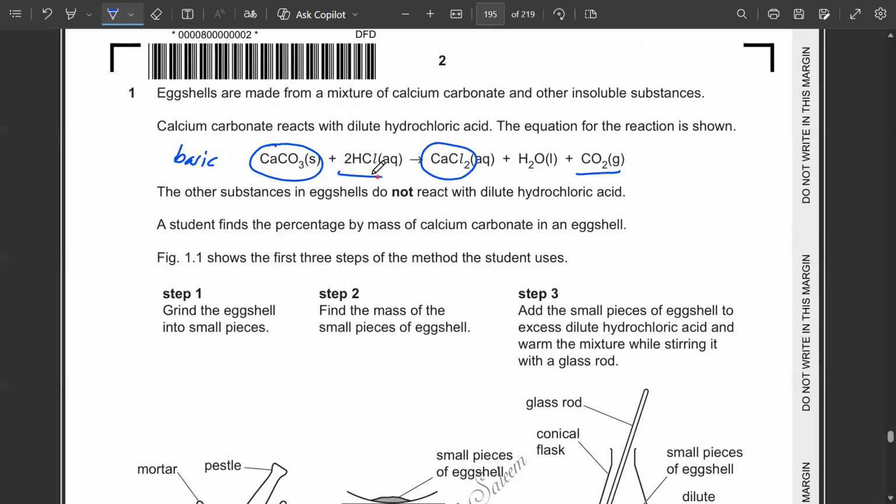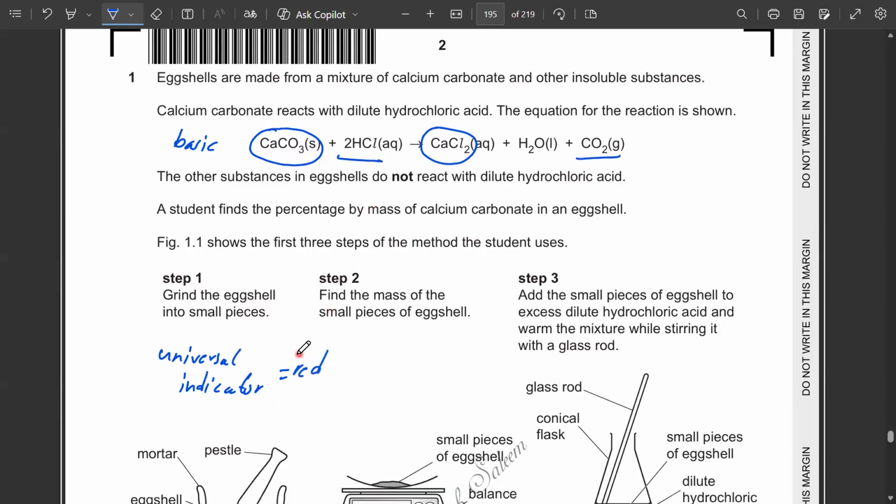So if both acid and base are there, you can use a universal indicator. The universal indicator will give the observation in the form of color. The universal indicator provides red color in the acidic medium. So if it is red in color, it means you have added an excess amount of the acid.